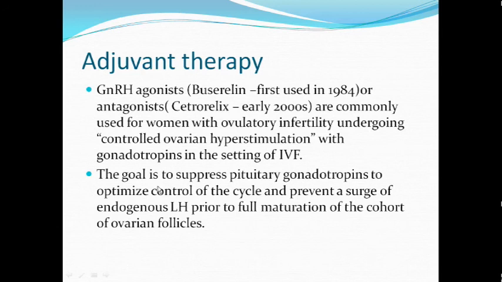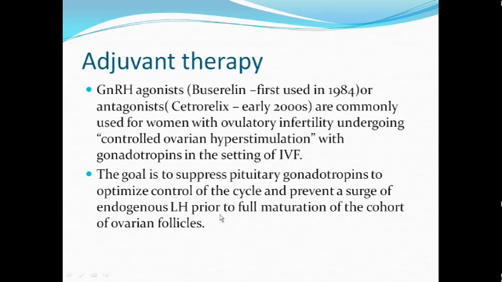The goal of using GnRH agonists and antagonists is to suppress the pituitary gonadotropins to optimize control of the cycle and prevent a surge of endogenous LH prior to full maturation of the cohort of ovarian follicles.